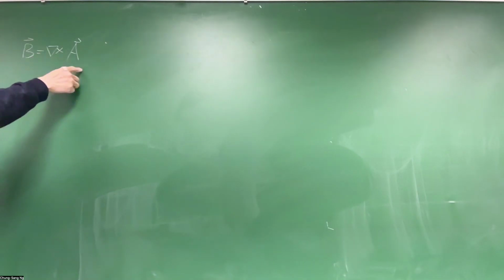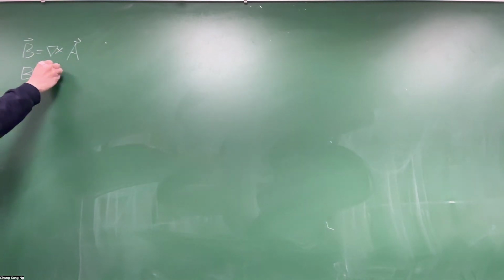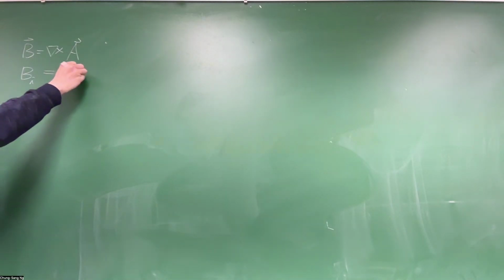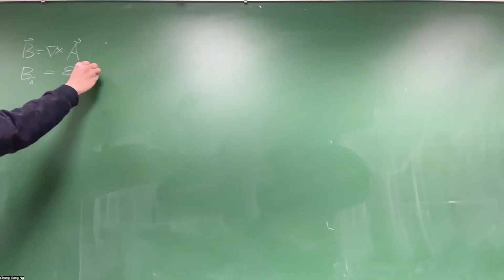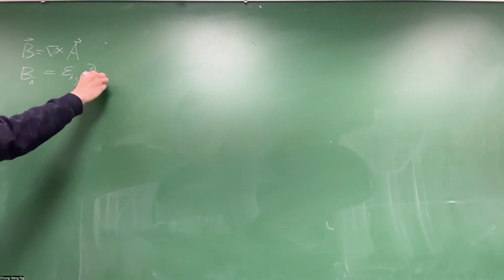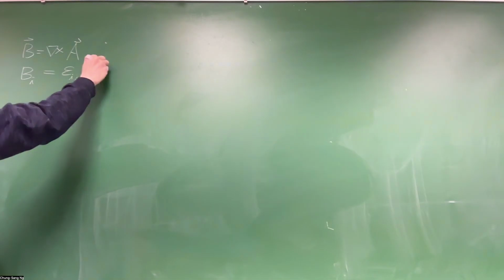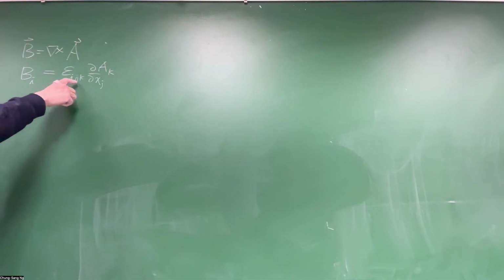Say you have an equation like B equals curl A. Going back to undergraduate level notation, the i component of this relationship is just the Levi-Civita symbol epsilon_ijk, then partial derivative with respect to x_j, and A_k, also summed over j in Einstein notation.